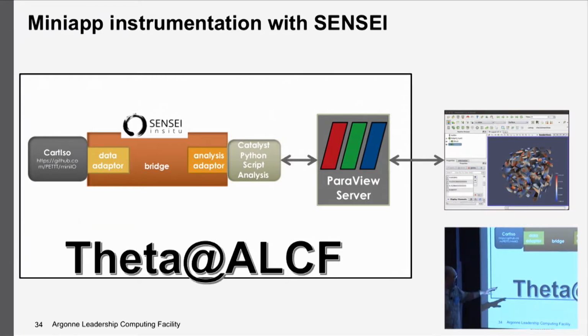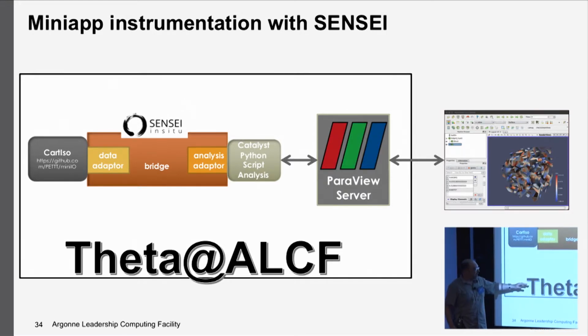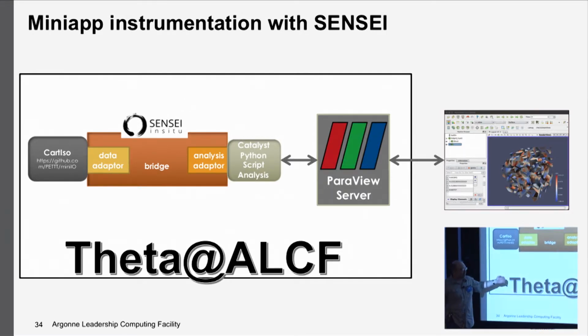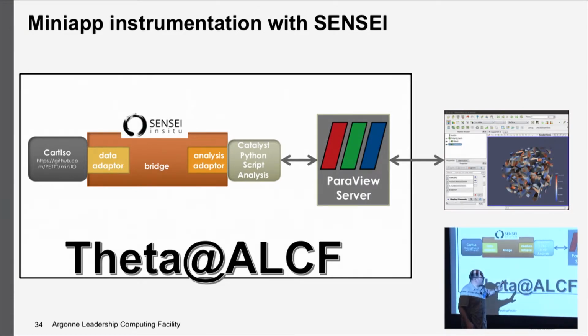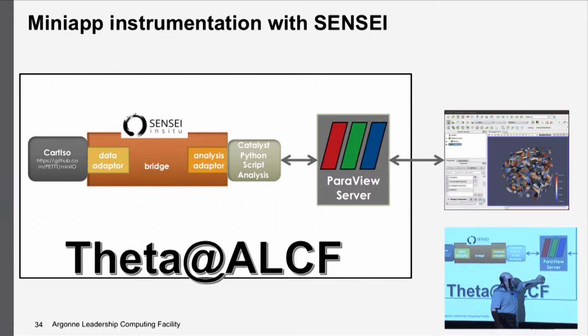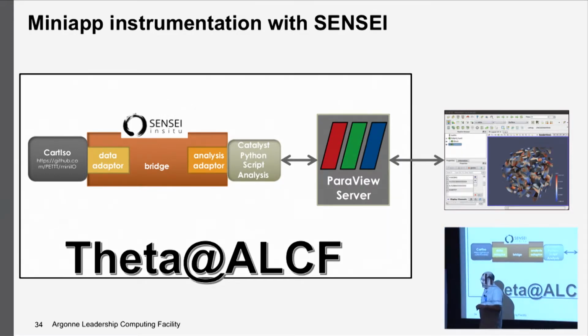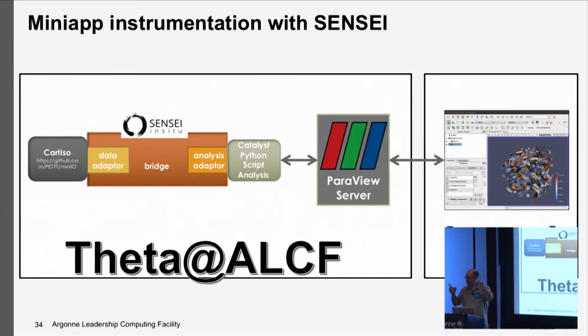The video I'm going to show was an experiment on Theta, our machine at ALCF. The ParaView server runs on the big machine, but you also want to access the data through an interface. So you can use the ParaView client, and actually you will use it today.